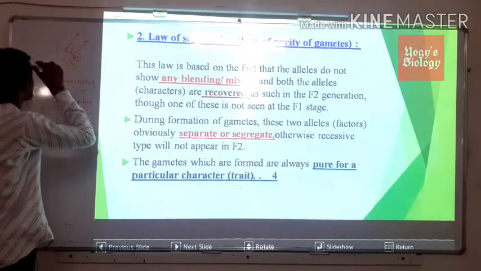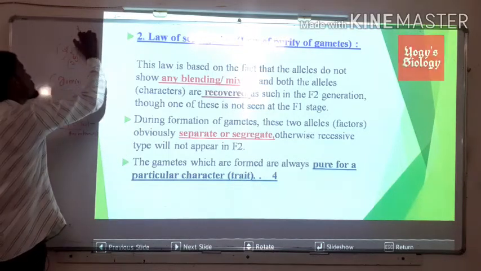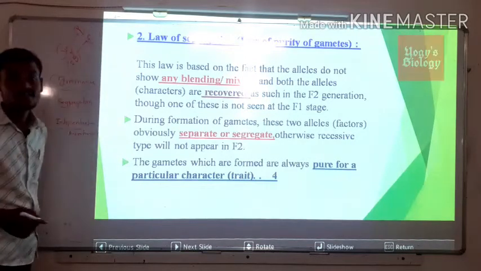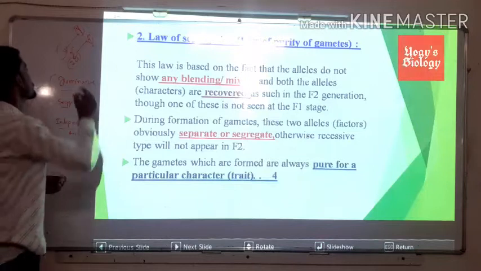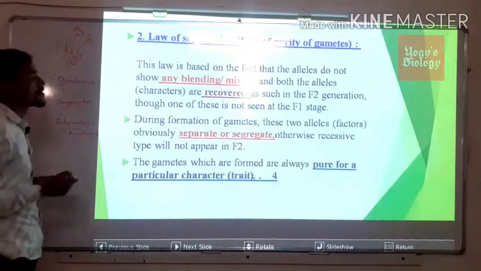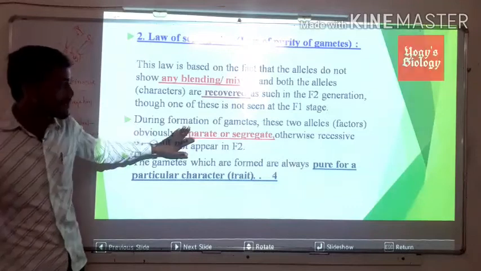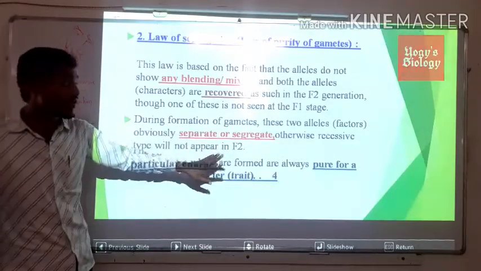The gametes separate or segregate from each other in this process called gametogenesis.